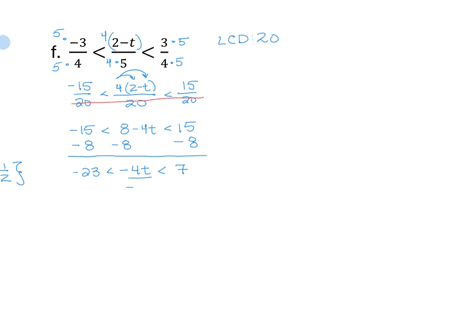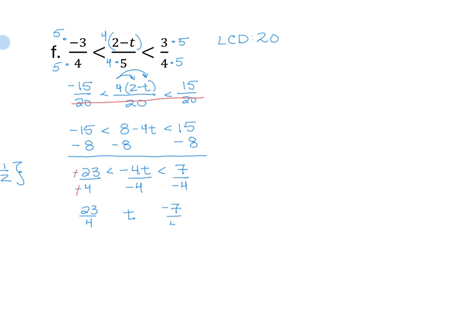And then finally, we want to divide by negative 4. On the left, don't get so freaked out that we've got fractions. We can cancel our negatives, and we're just left with 23 over 4. In the middle, we have t, and on the right side, again, don't freak out.